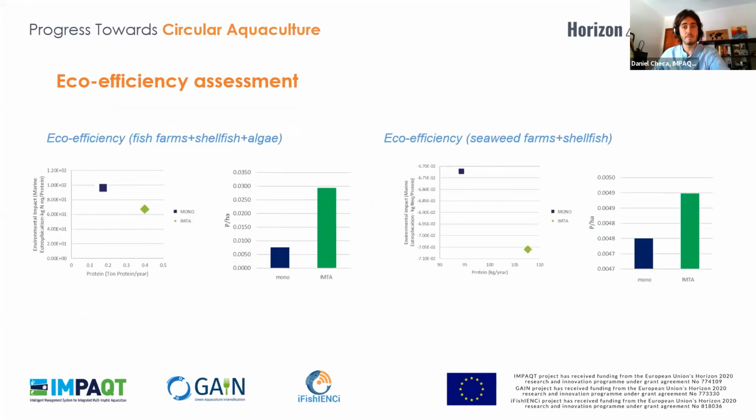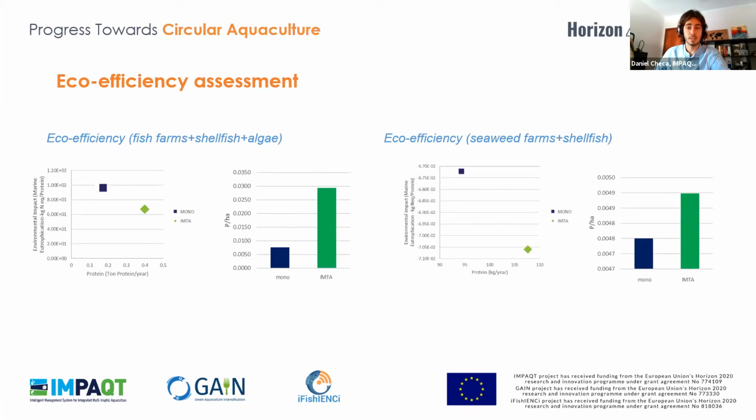Then for the eco-efficiency assessment, the eco-efficiency assessment is a key element in the industrial sector, and it considers a holistic life cycle approach and incorporates both economic and environmental aspects. So all IMTA pilots are able to increase their efficiency when IMTA is implemented.